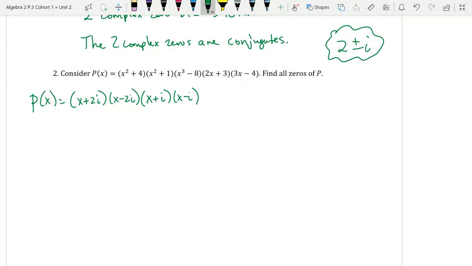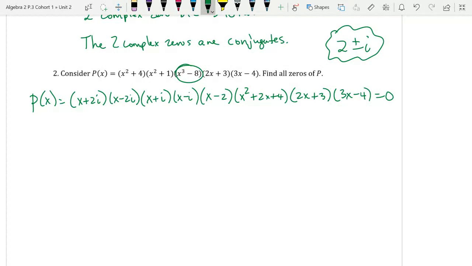X cubed minus 8 is a difference of 2 perfect cubes. So we can say x minus 2, x squared plus 2x plus 4. That is just factoring from unit 1. We should know how to factor that. The last 2 are already ready to go. There's nothing to do, so we're just going to leave them as is.